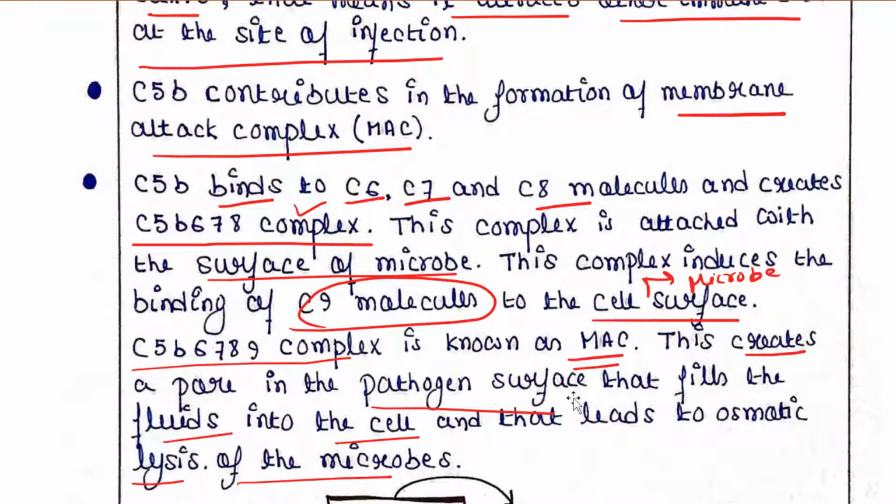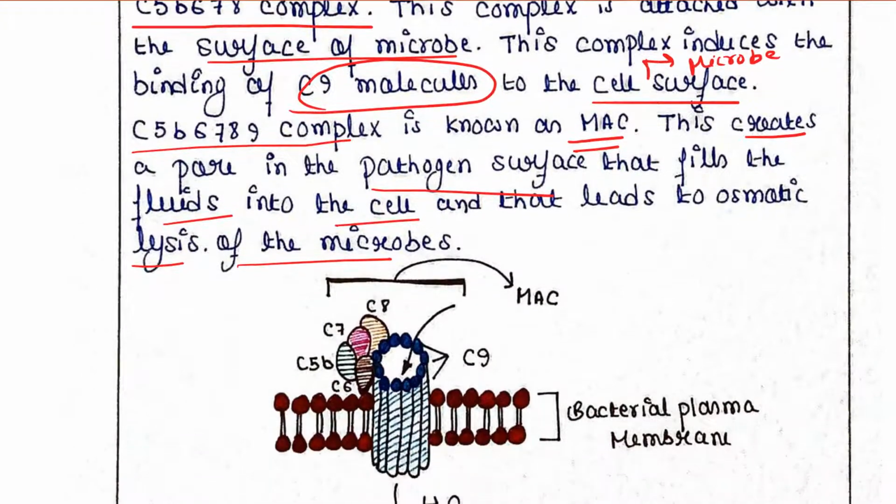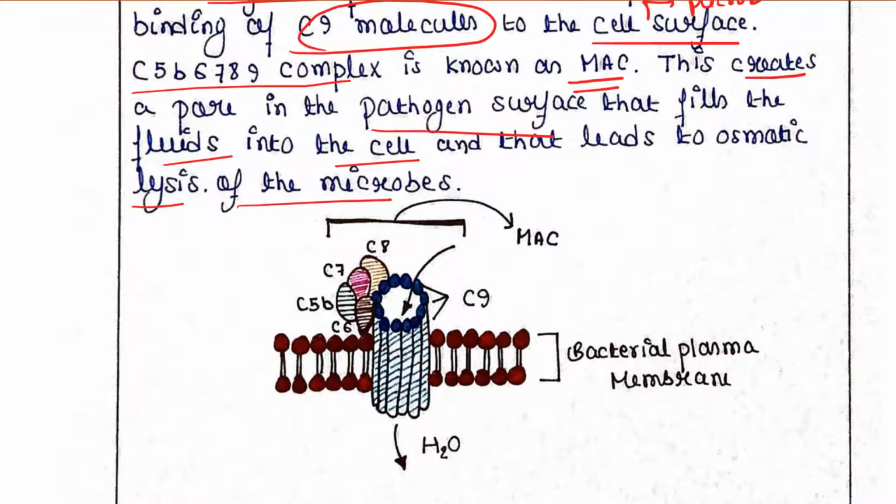We can understand it better in the diagrammatic representation. So here you can see, this is the bacterial plasma membrane. This is the bilayer, bacterial plasma membrane bilayer. Here C5b is attached first, then it recruits C6, C7, C8, and then they will recruit a number of C9 molecules.